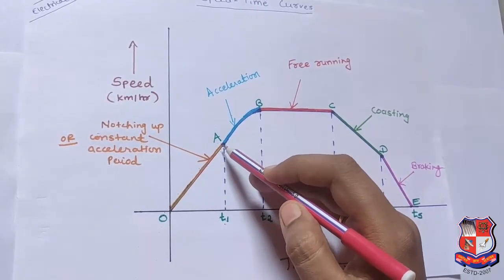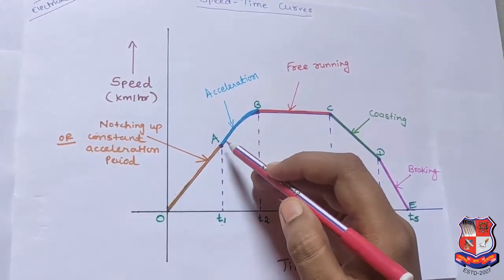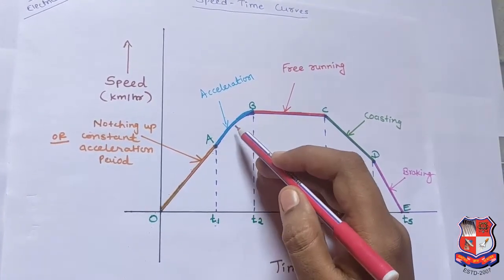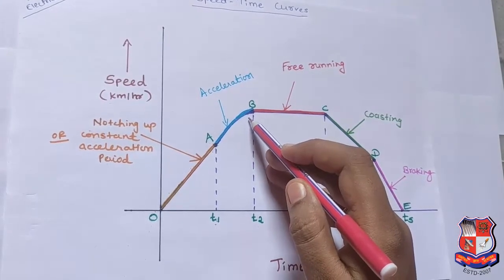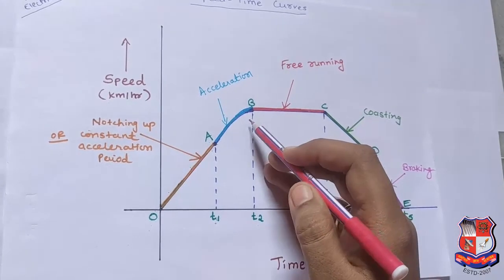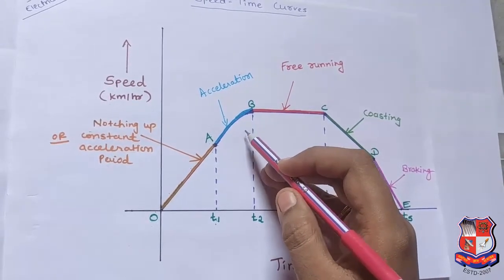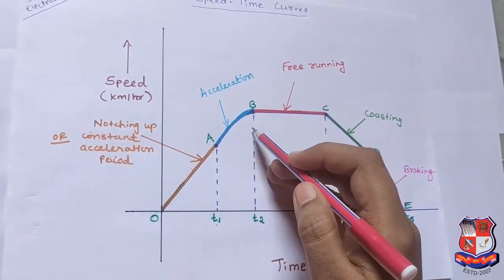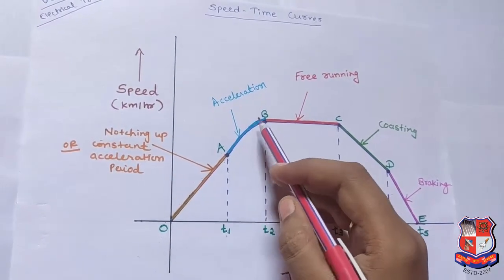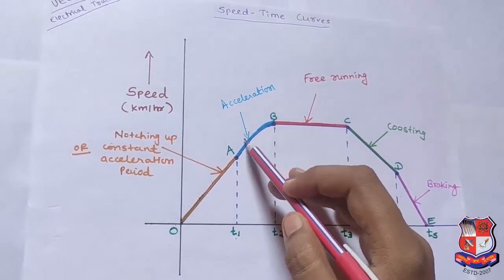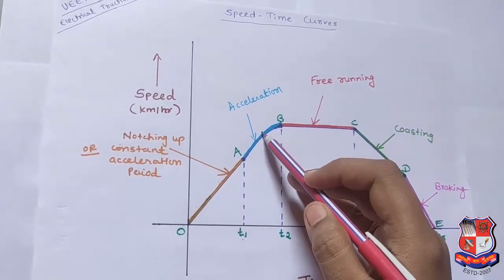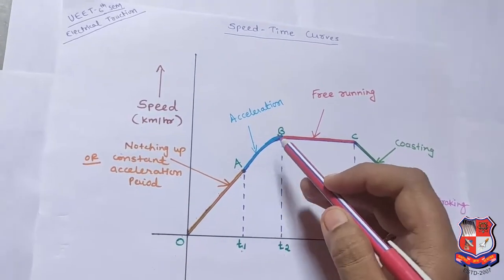In accordance with the speed torque characteristic of the motor. We generally use a DC series motor in the traction system. So acceleration gradually decreases till the torque developed by the motor is exactly balanced by the resistance to train motion. So in this period the torque gradually decreases and current also decreases and the speed increases.